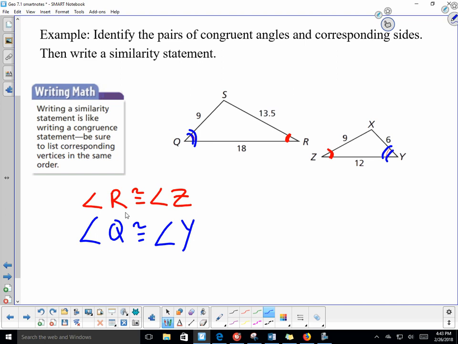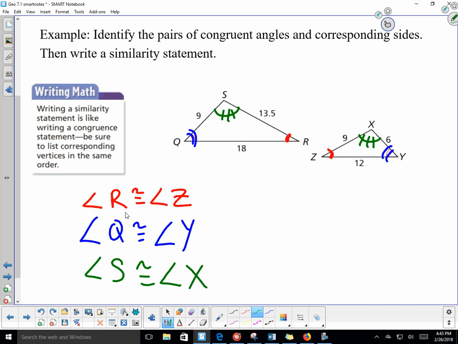And we don't see any tick marks on S and X, but I think we can safely say that those angles are going to be congruent because of the third angles theorem. So angle S is going to be congruent to angle X. If we know those corresponding angles are congruent, that's great, but we also need to see that the corresponding sides are proportional.